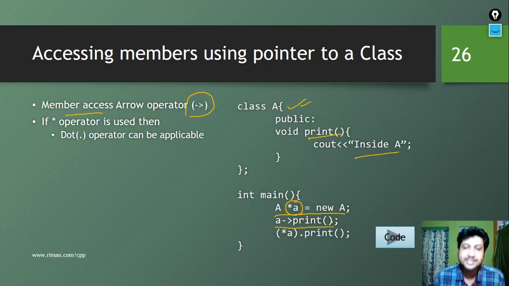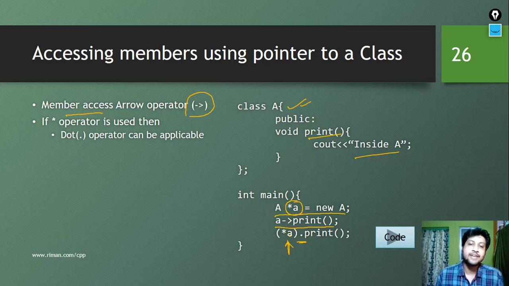We can easily access all the public members of this class A using a pointer with an arrow operator. So A arrow print. Also, if we use the pointer operator to get the actual object, then we can access the functions using this print function.